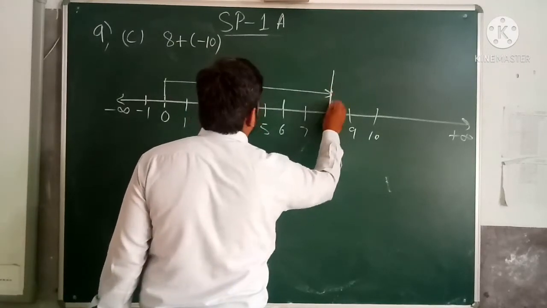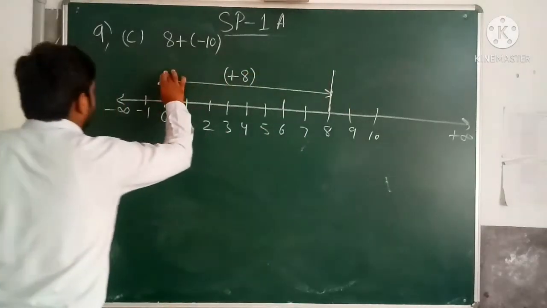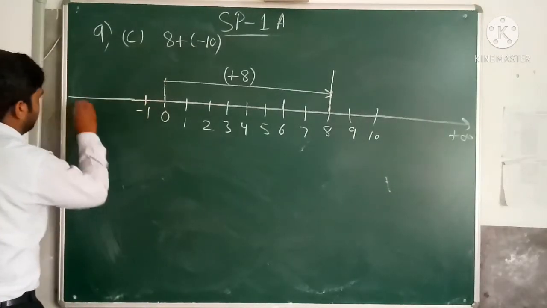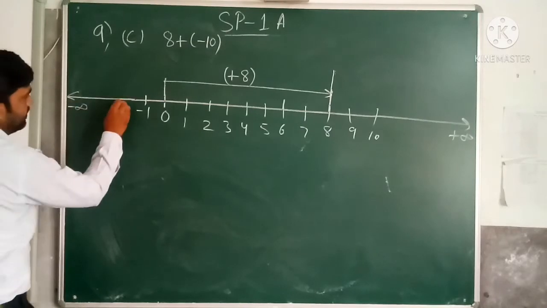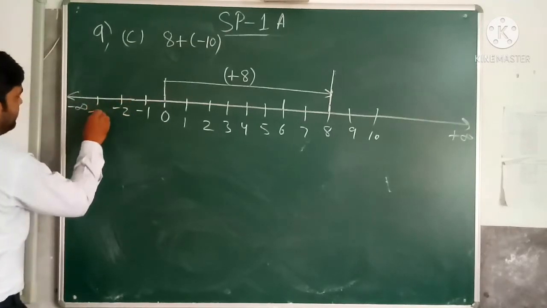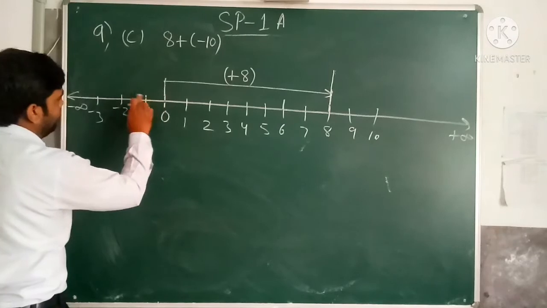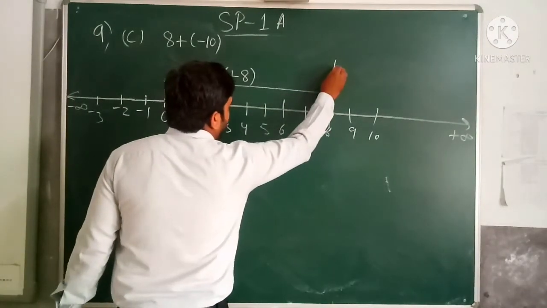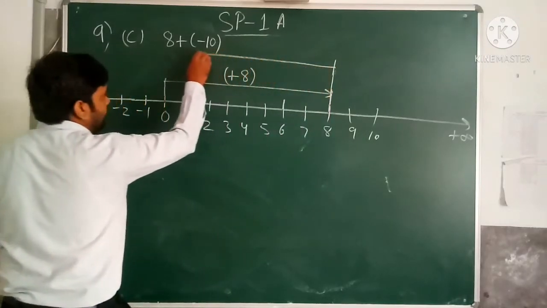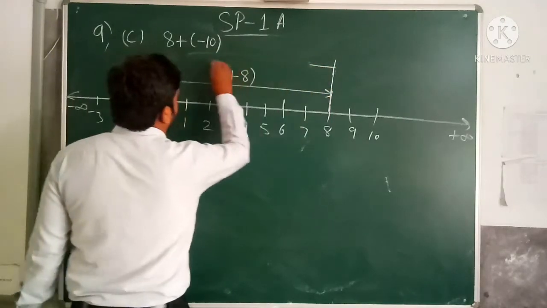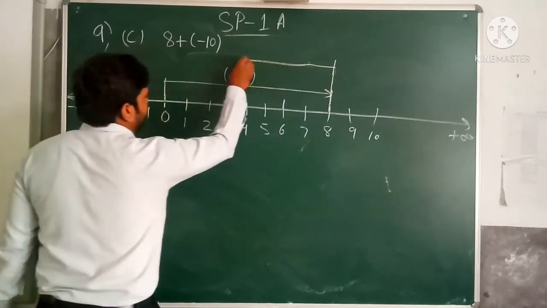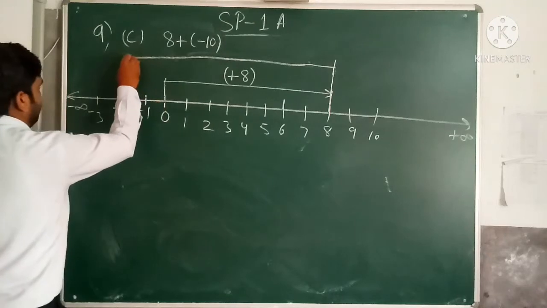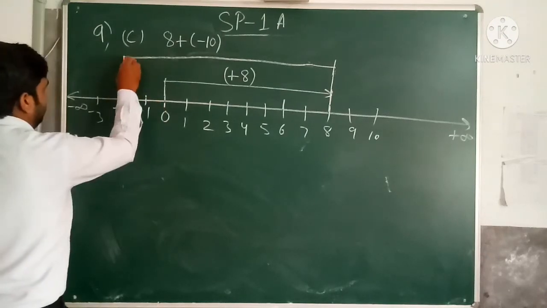Till here it is 8, and here it will continue. This is minus 1, this is minus 2, this is minus 3. So 8, 9, 10. If you move in this direction till here, 9 and 10.